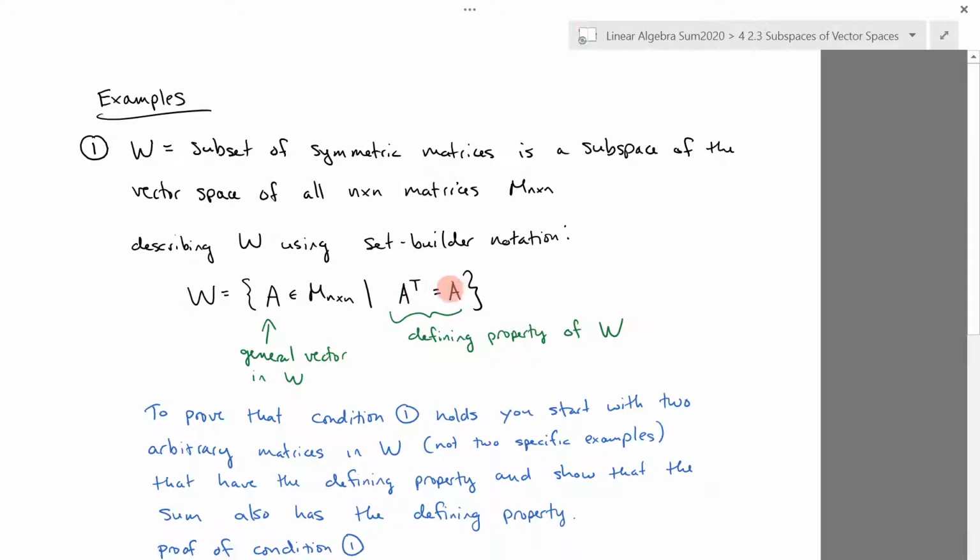And then on the right, we typically describe the defining property of the subset. Here we want symmetric matrices, so the condition is that A transpose is equal to itself.